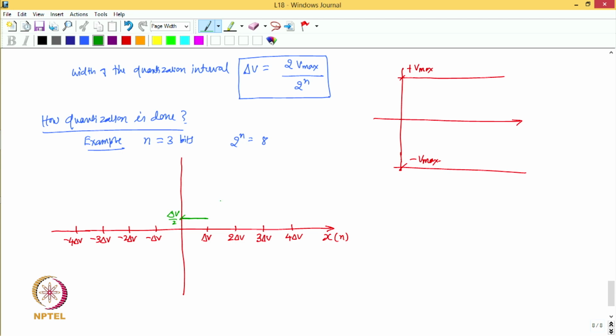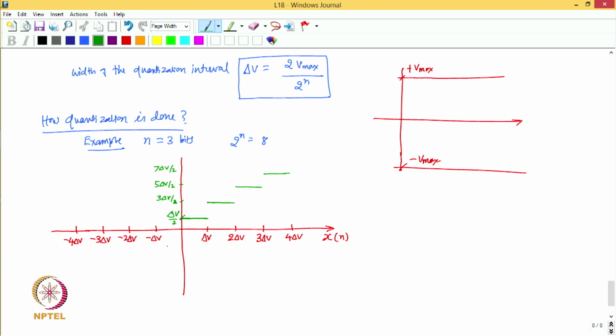If the signal is from 2 delta V to 3 delta V, the quantization level would be equal to 5 delta V upon 2, and for any sample in the range 3 delta V to 4 delta V, the quantization level would be 7 delta V upon 2.